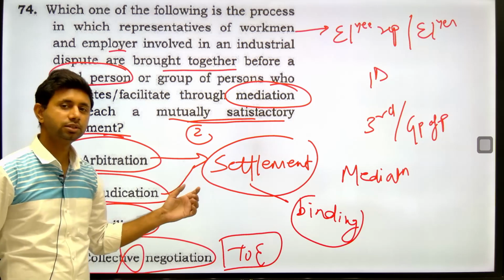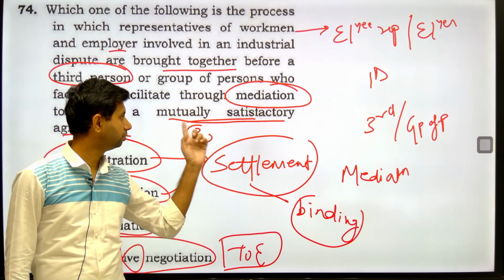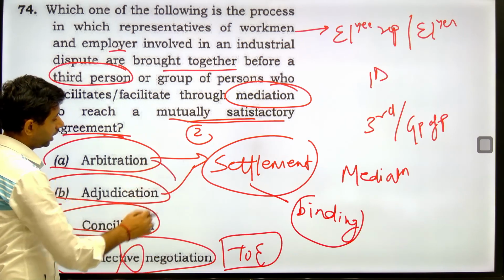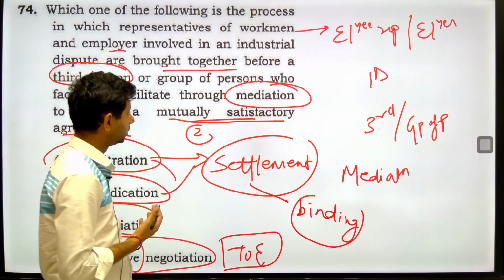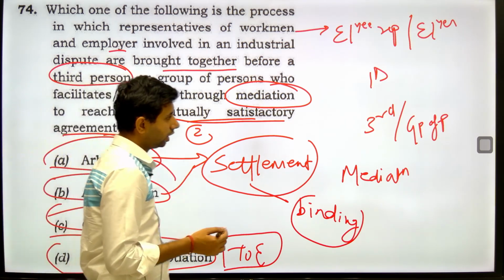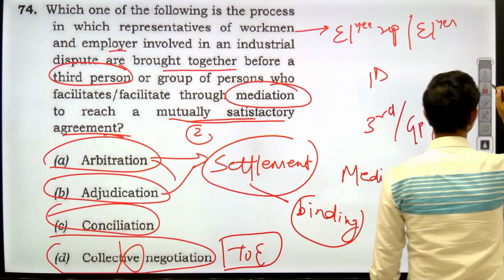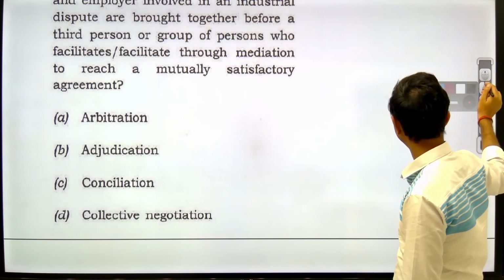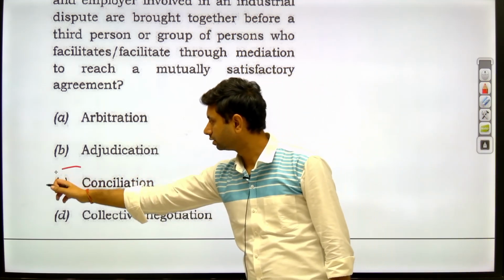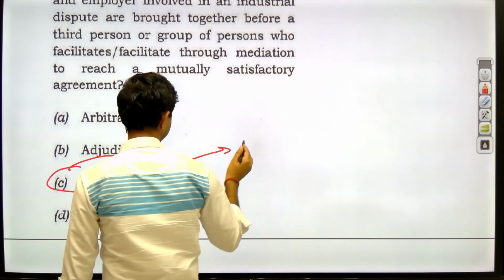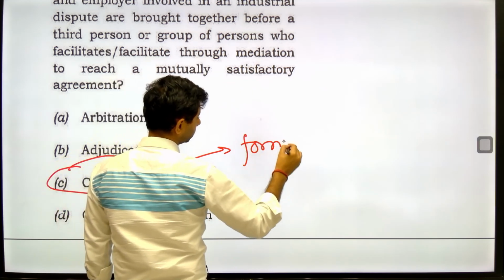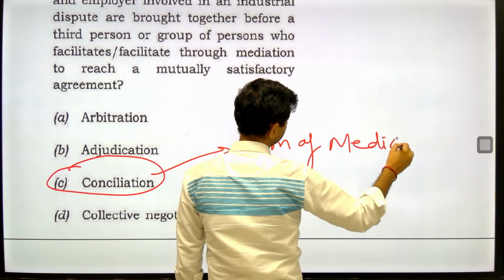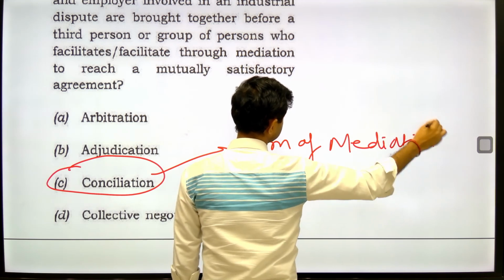Since it is a judgment, it is not mutually satisfactory. Adjudication is a formal process that adjudicates the industrial dispute, whereas conciliation is a form of mediation. So the third option is correct.